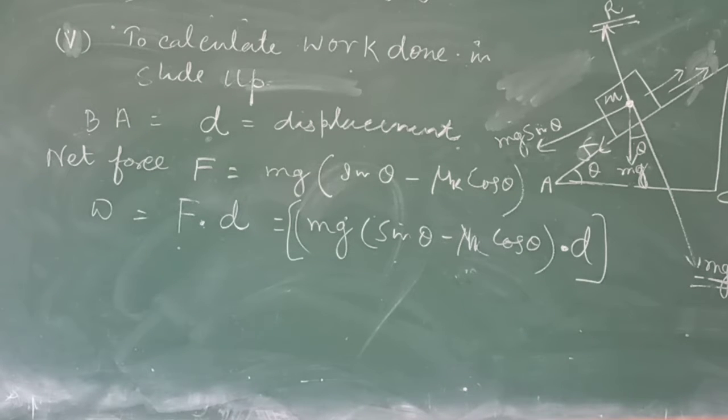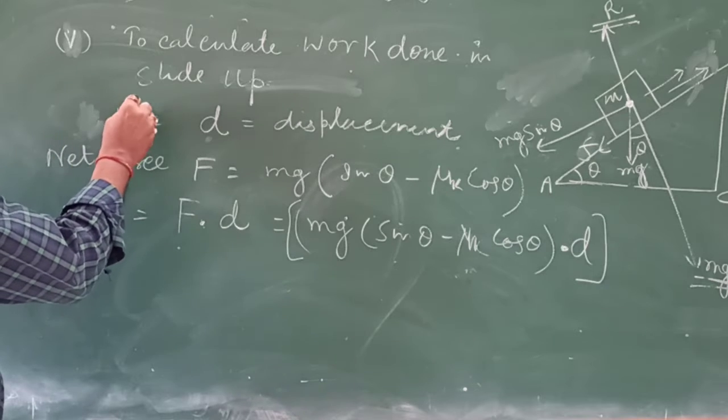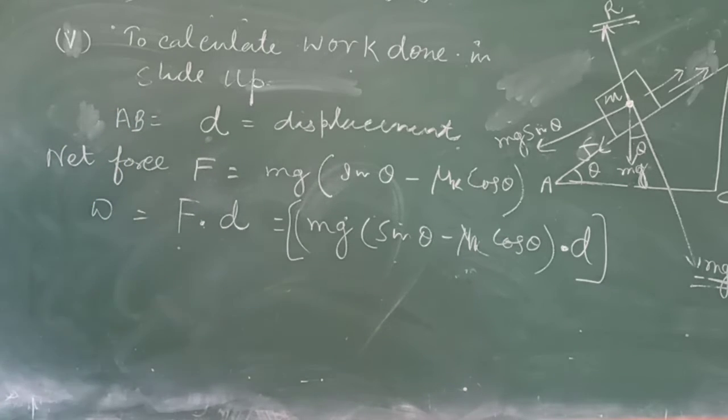A block of mass m is kept on the inclined plane. The body slides up and covers a distance AB, equal to d. Therefore, AB is the displacement d.